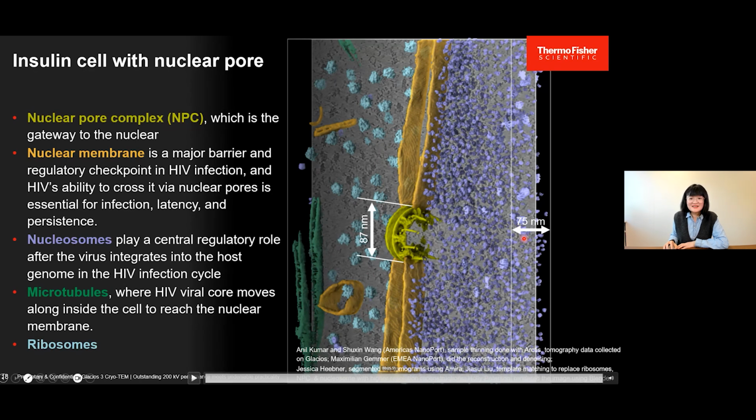Here I marked that after the measurement, we see that the lamella thickness is only 75 nanometers, and the nuclear pore complex is 87 nanometers in diameter. Therefore, in this particular thin lamella, although it's very good for high contrast and high resolution, unfortunately, we don't have the complete density of the nuclear pore complex.